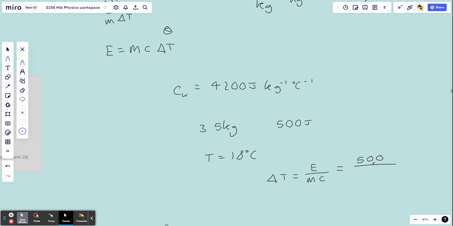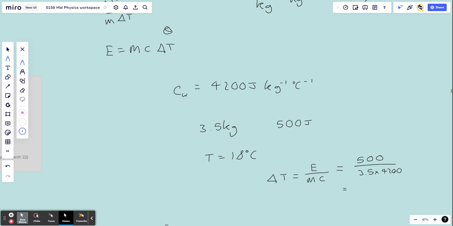I'm seeing already it's going to be a very small number.